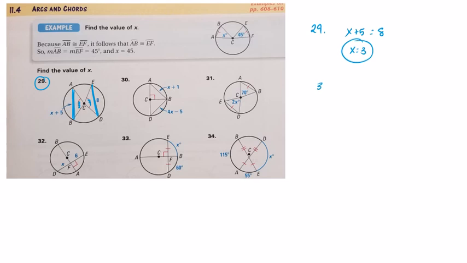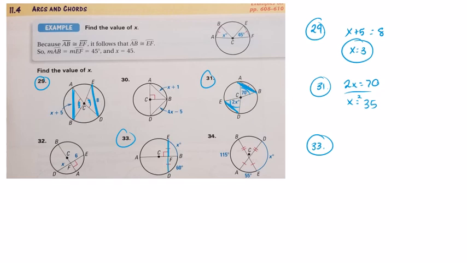31, let's do 31. Alright, I know that since these chords are congruent, that the angles are congruent. So that means 2x equals 70. And I would divide by 2 on both sides, and x should equal 35. Last but certainly not least, 33.